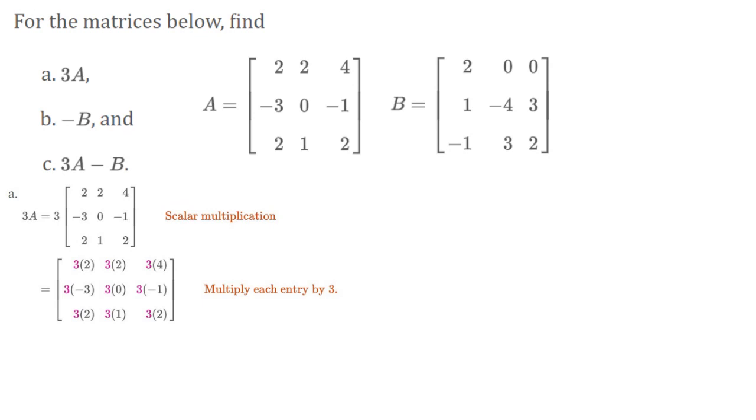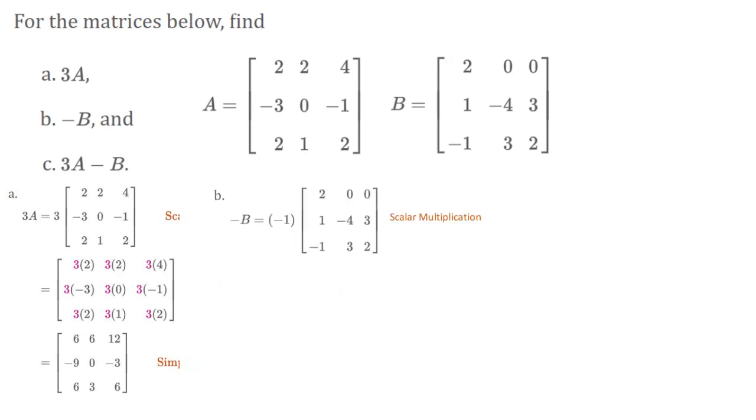We have 3 times 2, 3 times 2, 3 times 4, 3 times -3, and so on. So our answer for 3A is 6, 6, 12, -9, 0, -3, 6, 3, 6. We multiplied this 3 to every element in the matrix.